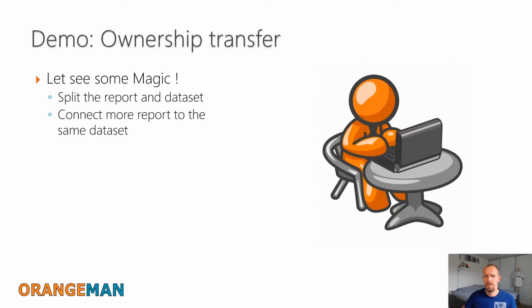So this was the magic. I demonstrated to you how you can split the report and the dataset, and then hand over the DS sales file to the IT, and the business users can keep the sales file, and thereby we have actually transferred the ownership.